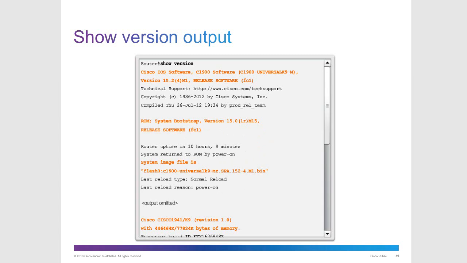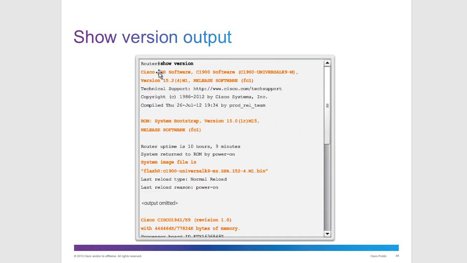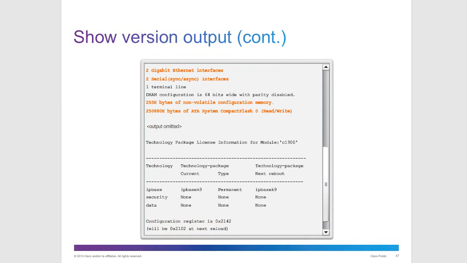Let's see, I think we got more output down below. We can see how many interfaces we've got, how much non-volatile memory we've got, compact flash memory installed. So show version is going to show you all of that information. It's just a command you can issue. If you can see there, you're in privileged exec mode to make that happen. So that's where you'll find that.